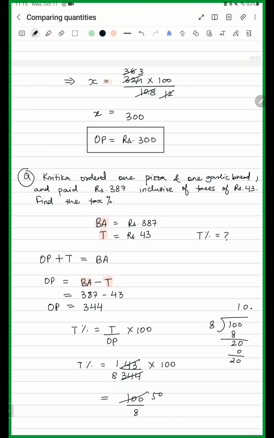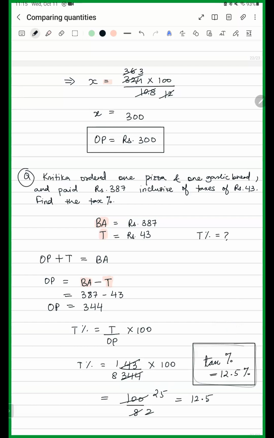Or just cancel it with 4 only directly. 4 twos are 8, 4 25s are 100. So 25 by 2 is what? 12.5. So this is 12.5. So tax percent is equal to 12.5%. Okay. All right. So Hiba, please note this down.